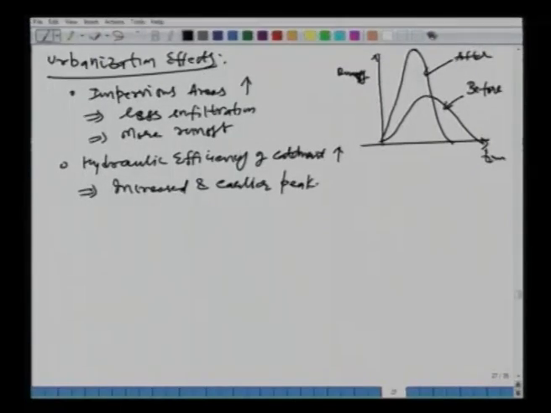This difference you see this much. What is this? This is the increase in QP. Okay. All right. And then this time difference you see the peak. All right. What is this? This is the decrease in the time to peak. Okay. So, you see that as a result of urbanization, what happens to the runoff response from the catchment is that you have earlier peak and you have higher peak.